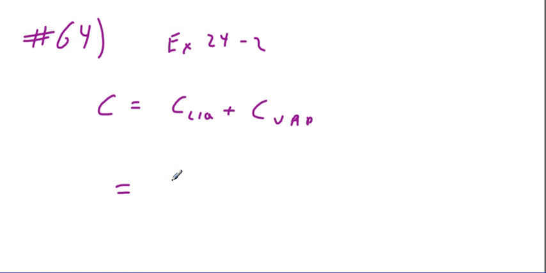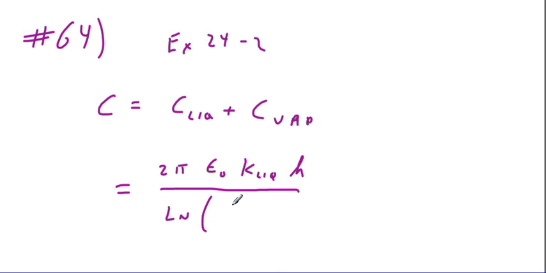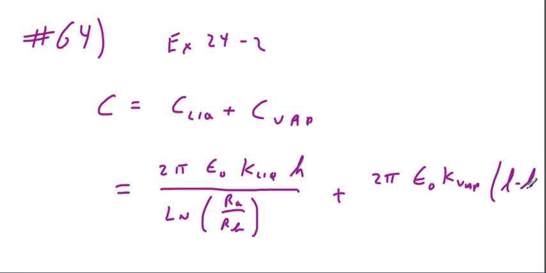So that's going to be 2 pi epsilon naught K of the liquid times H, some height, divided by the natural log of the inside diameter divided by the outside diameter, plus 2 pi epsilon naught K of the vapor times the total length minus the height H divided by natural log RA divided by RB.